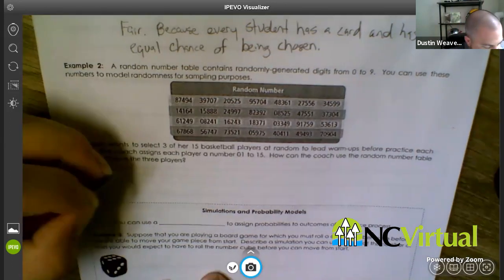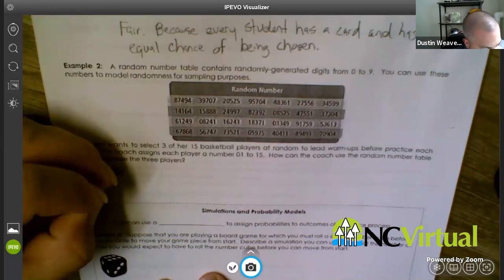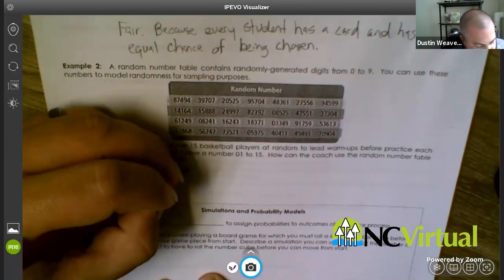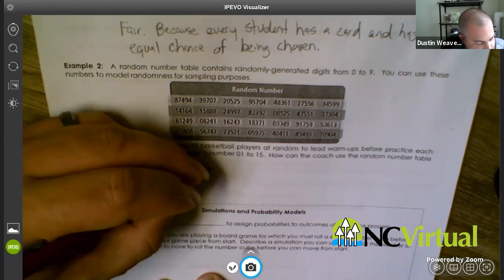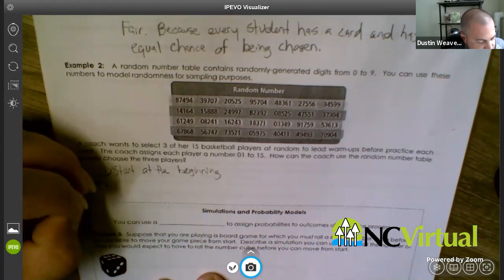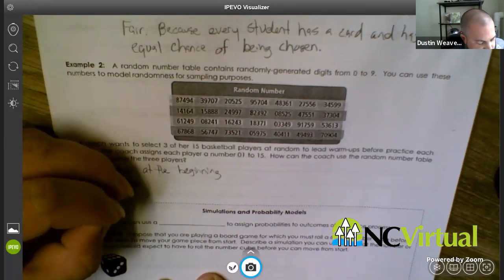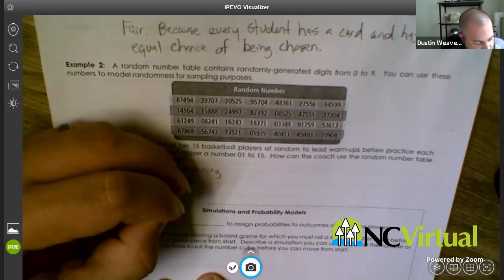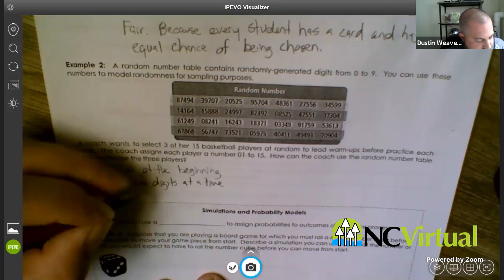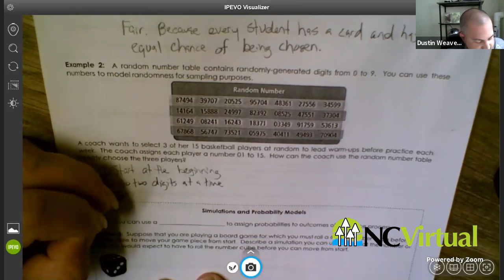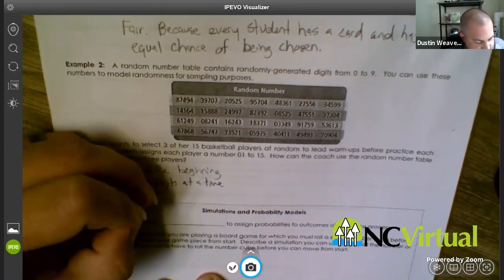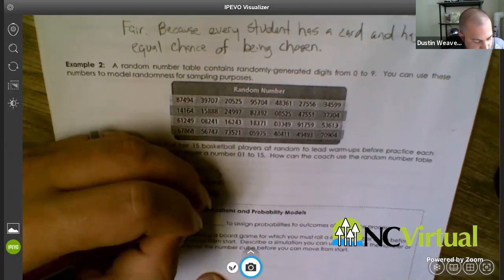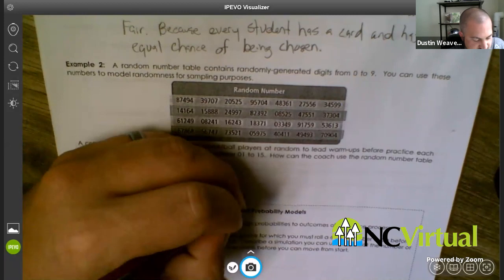So what you need to do is you need to start at the beginning. Okay? You need to go 2 digits at a time. And you need to select the first 3 players that you come to.